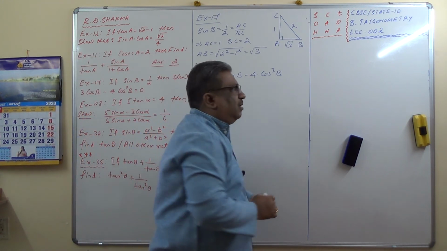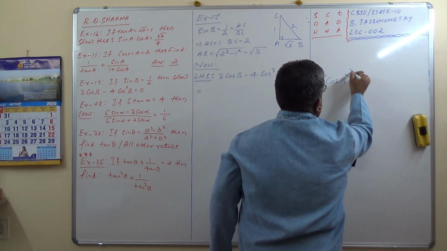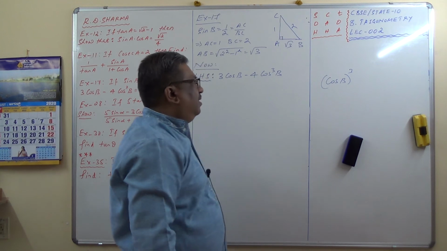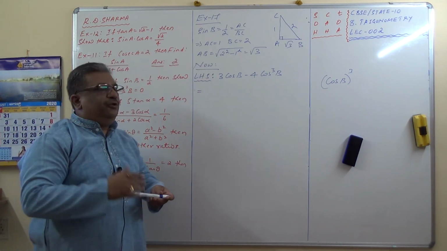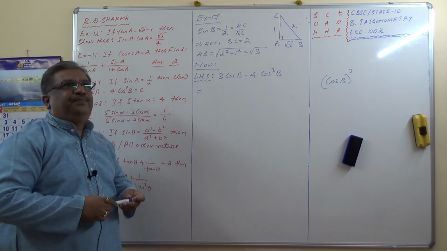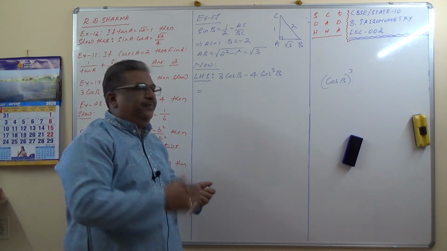Cos cube is nothing but cos of B the whole cube. Similar to the squares, the cubes of trigonometric ratios are nothing but the trigonometric ratio in brackets, cubed.